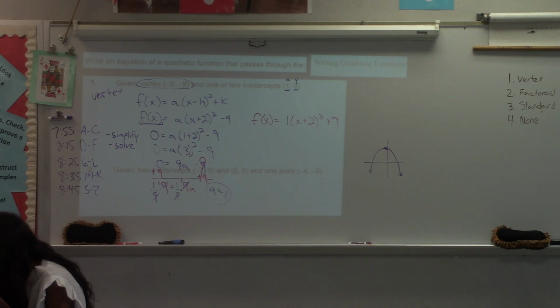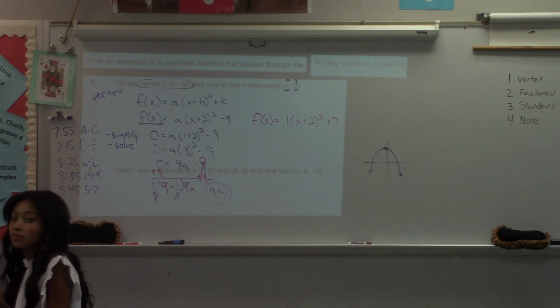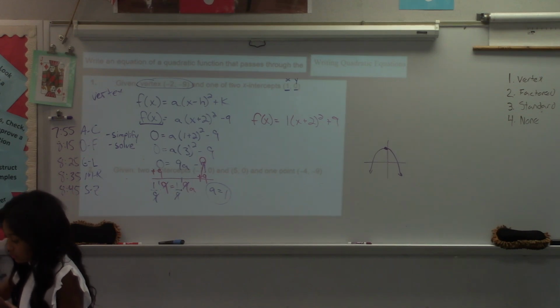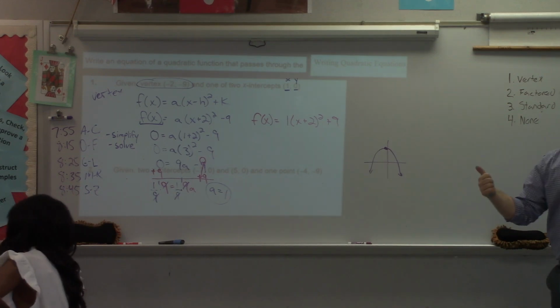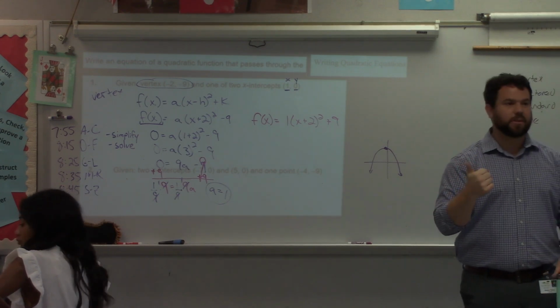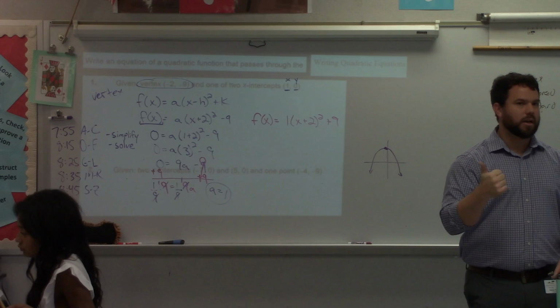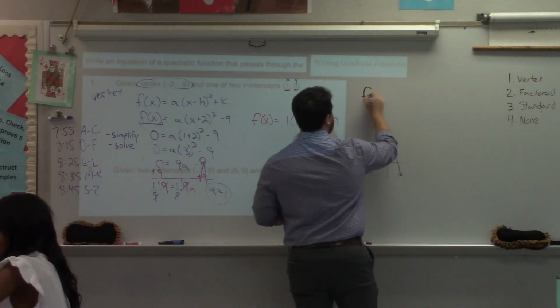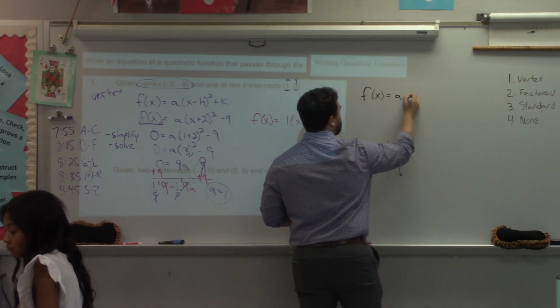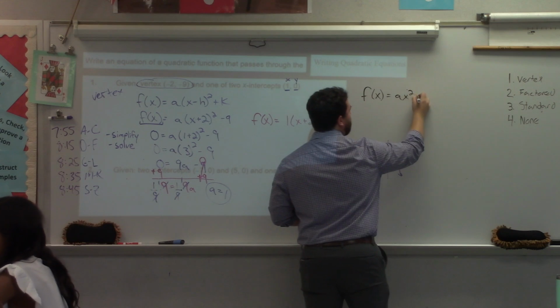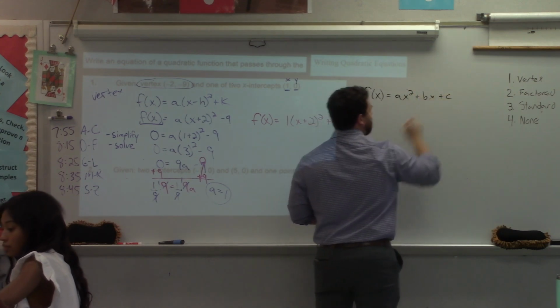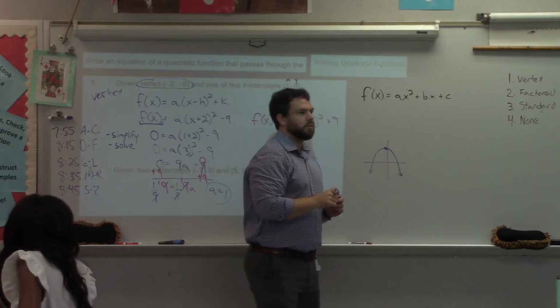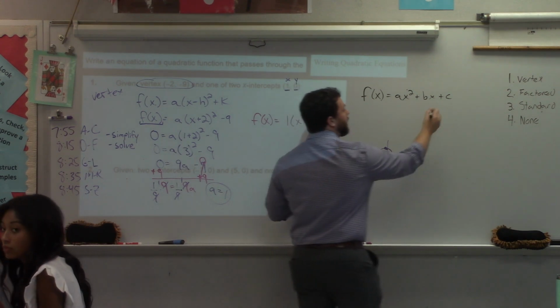And so I will remind you, if you have standard form, what features have to be on that graph that are correct? If you have a standard form, what do you have to have? Y-intercept and concavity.